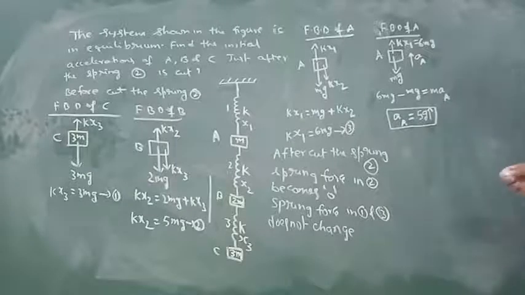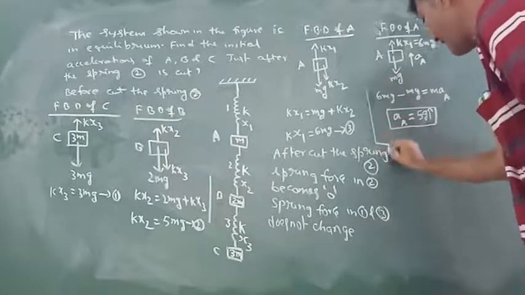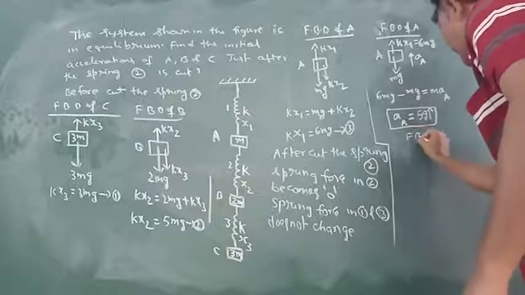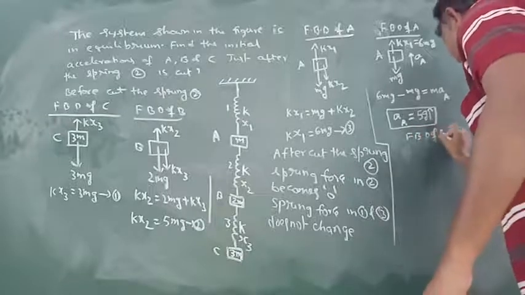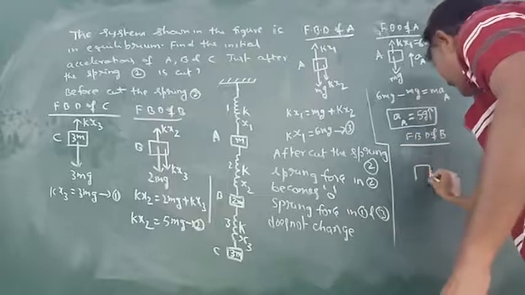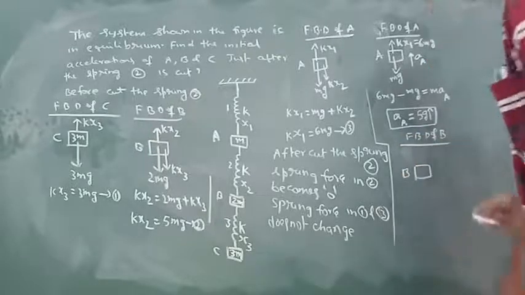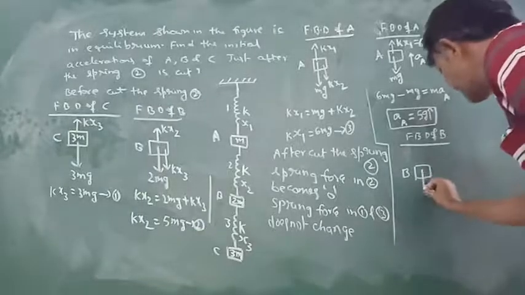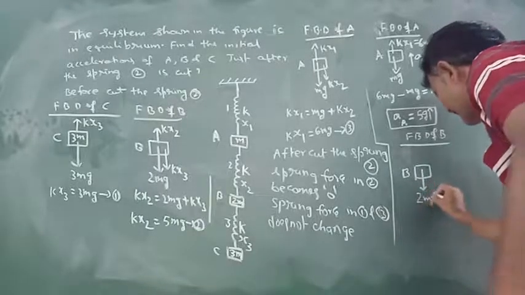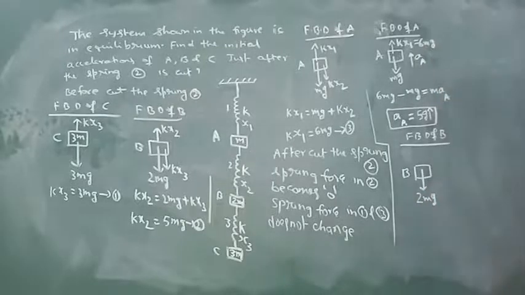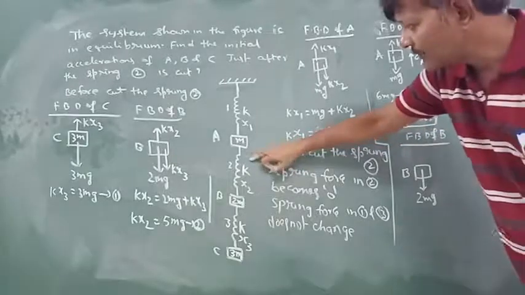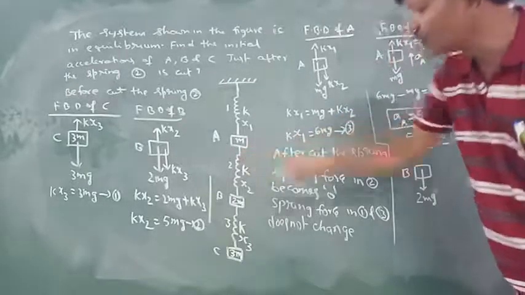Next, FBD of B. Its mass is 2m, so 2mg is acting in the downward direction. Kx2 is in the upward direction, but that Kx2 is 0, because after cutting spring number 2, the spring force Kx2 becomes 0.